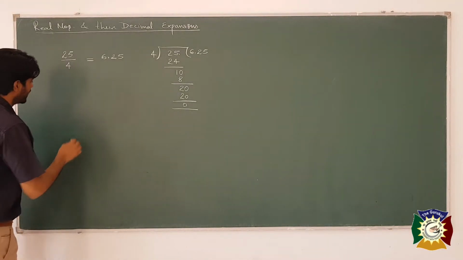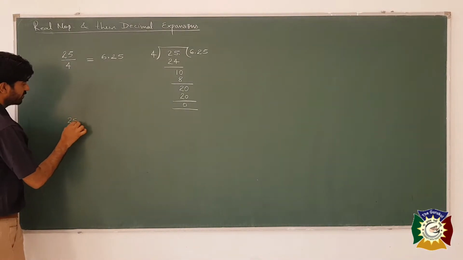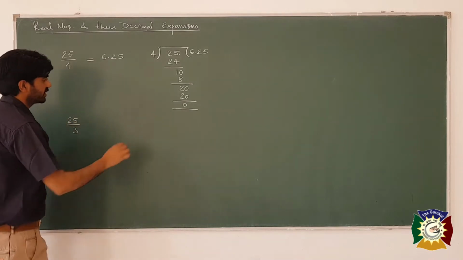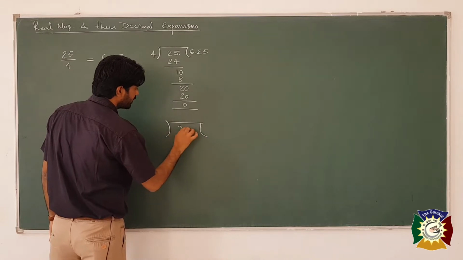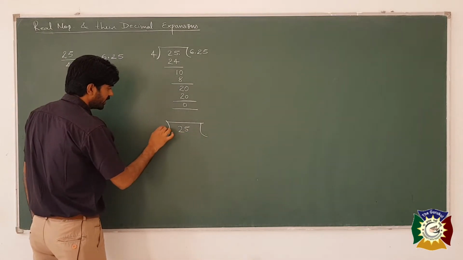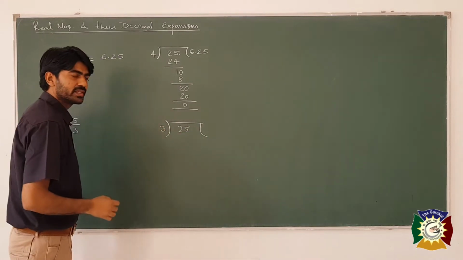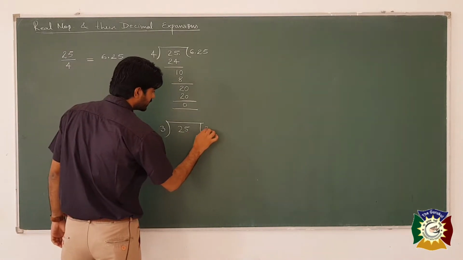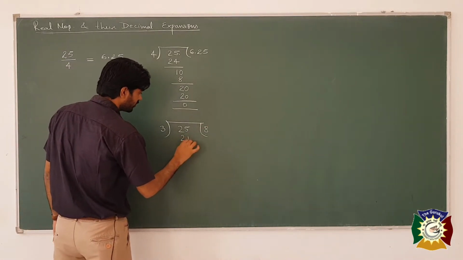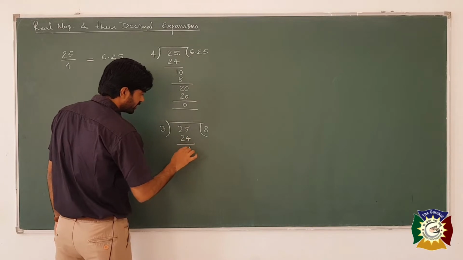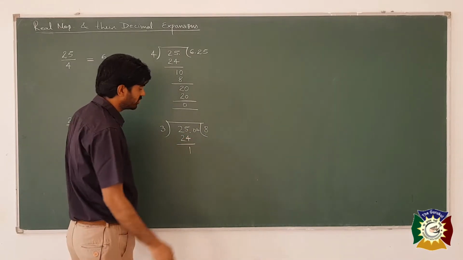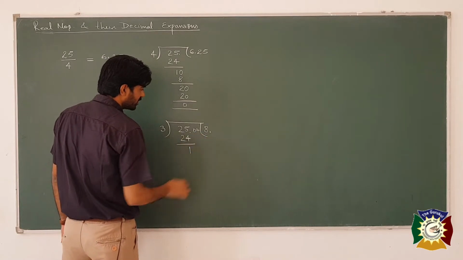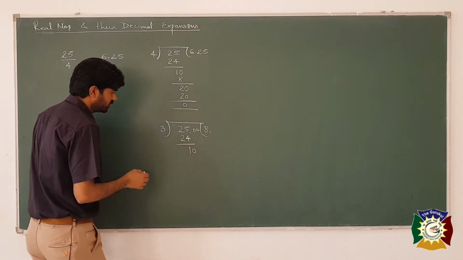Second case, if I take 25 divided by 3, then what happens? Let us check. Now I am dividing 25 by 3. Then 3 eights are 24, then 1 is left. We'll put a decimal and zeros, as many zeros as we want. 1 0 we will have down.